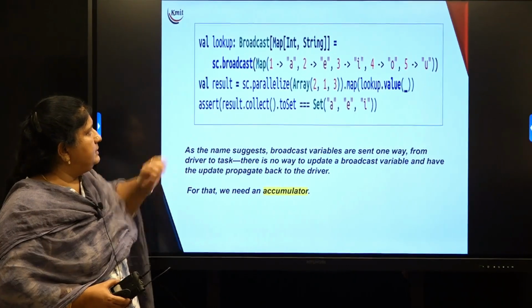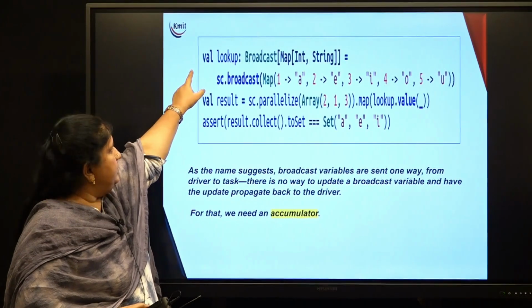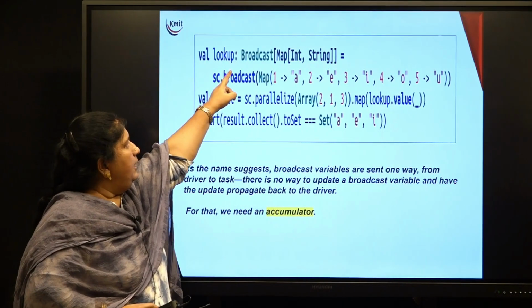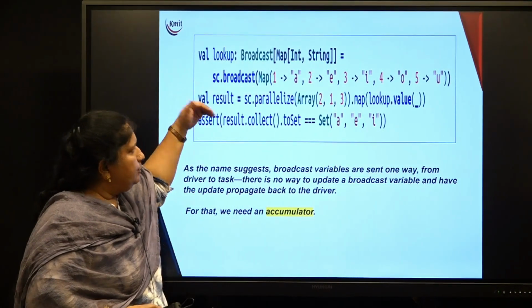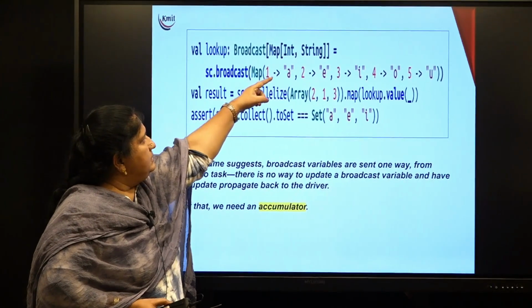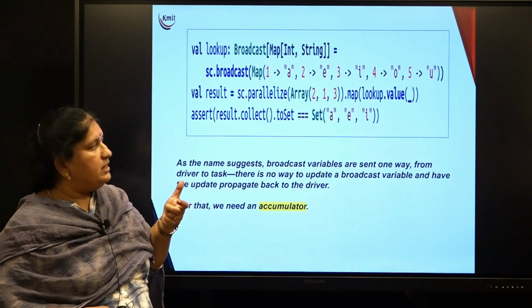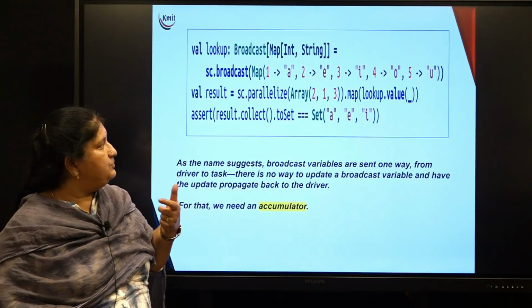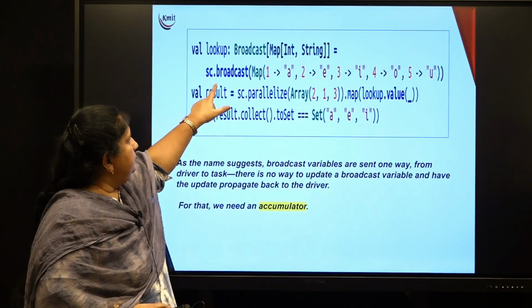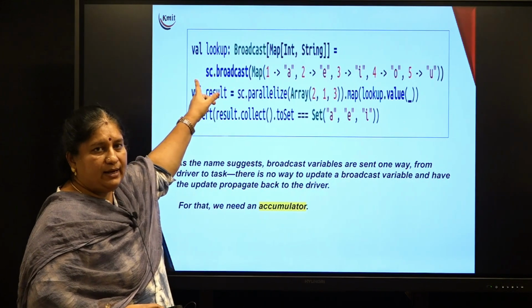Let's see the example code for broadcasting a variable. Here, val, that is variable, we are declaring a variable. The name of the variable is lookup, and what did we specify? It's a broadcast, that is the name we are specifying. And what is the type? We are using a Map where the key is of data type Integer and the value is of data type String, and it is equal to sc.broadcast. sc stands for Spark context.